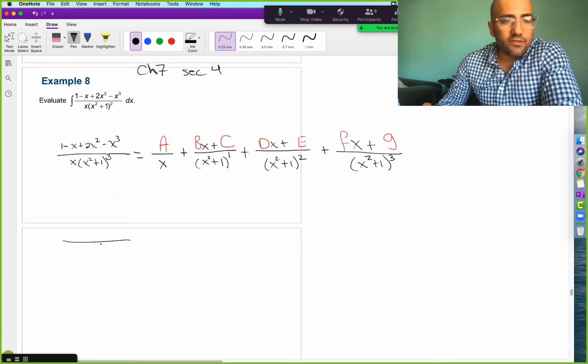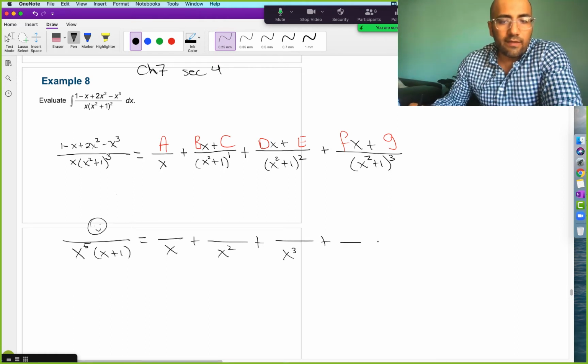If instead, just to really hammer this home here, if this had been x to the power of 5, x plus 1, like that, and something up here, doesn't matter what's up there, then we'd have to have 1 for x, and then we'd have to have another one for squared, and then we'd have another one for x to the third power, and then another one for x to the fourth power, and then another one for x to the fifth power.